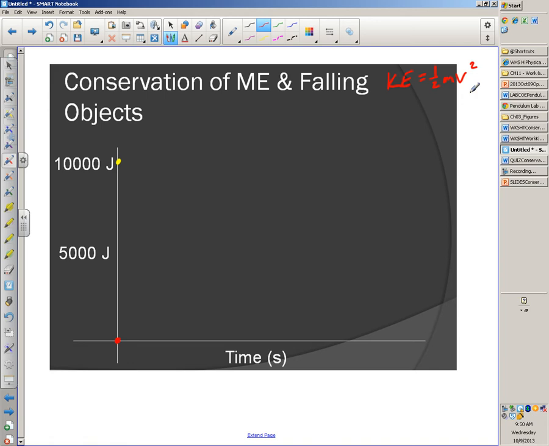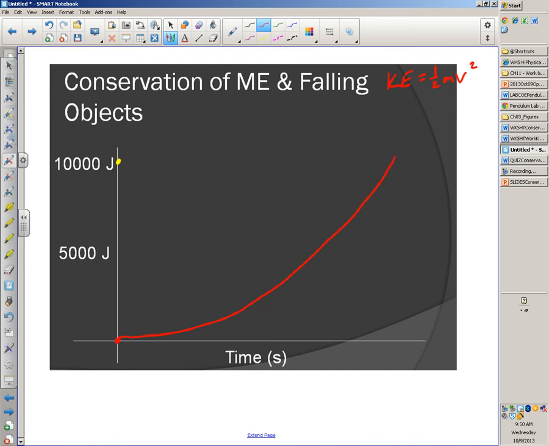What does an x squared graph look like? It's a parabola, right? So this kinetic energy is going to go up, but is it just going to go straight up in a line like this? No, because of the squared idea. It's going to start going up a little bit like this, but then it's going to raise like that, right?